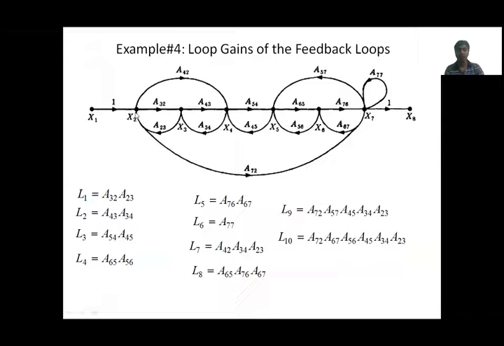This is the ninth loop. Then the 10th loop goes from here to here, and again goes this way and comes back like this. This is the 10th loop. So this problem is very complicated, with a large number of loops. You have to think in all possible ways.